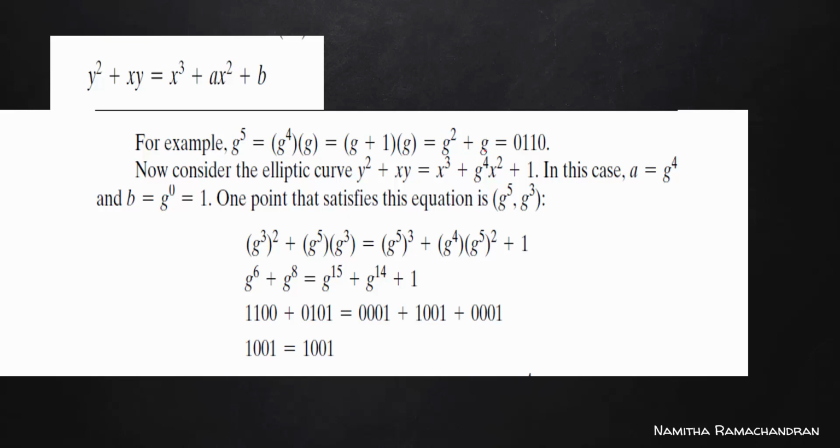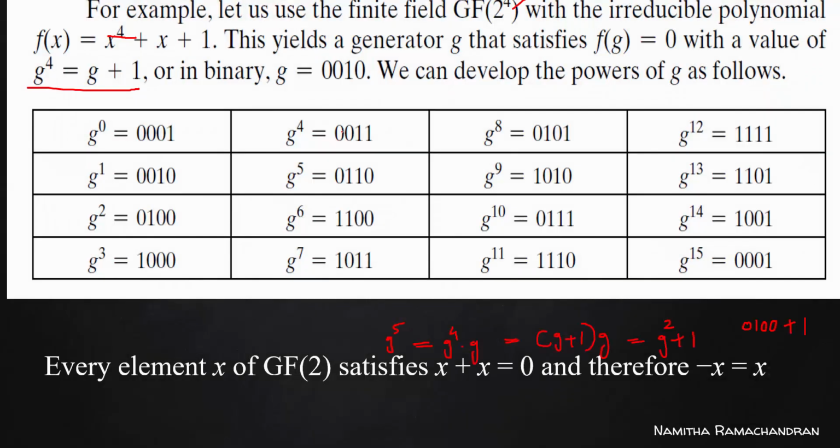Okay, g square plus g is what? From this, we know that g square is 0, 1, 0, 0. This is actually g square plus g, not g square plus 1. Okay, so we know that g square is 0, 1, 0, 0 and g is actually 0, 0, 1, 0.